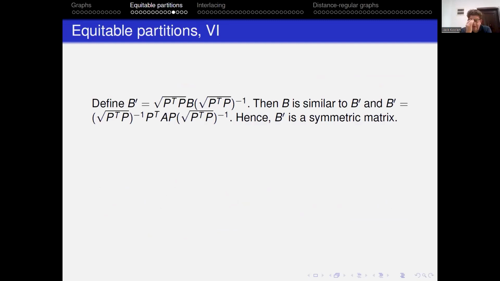Now you define B prime as the square root of P transpose P times B times the inverse of the square root of P transpose P. I can first take the inverse of P transpose P and then the square root. These two operations commute with each other, so it doesn't matter. They are the same matrix. Then you see that B prime is similar to B, and B prime is a symmetric matrix. Yes?